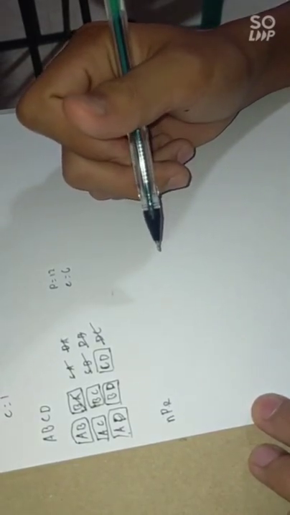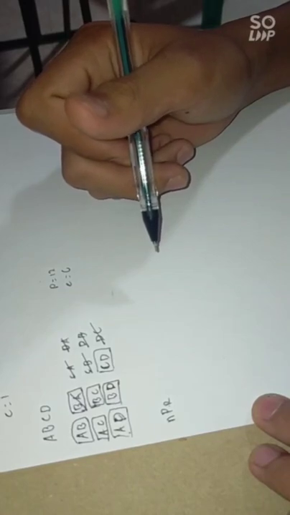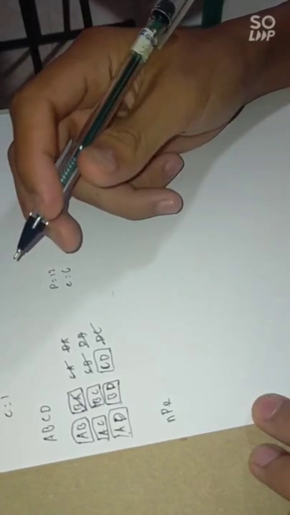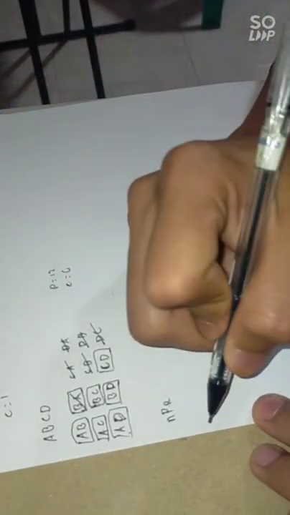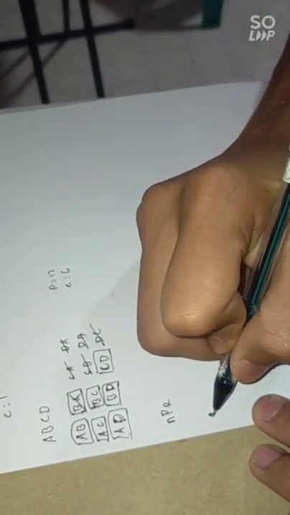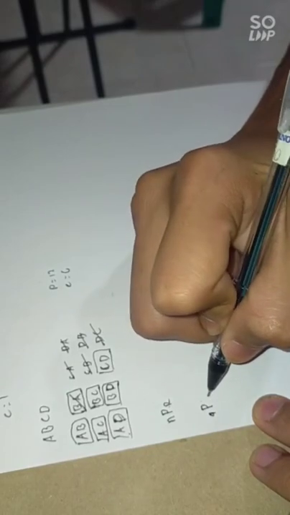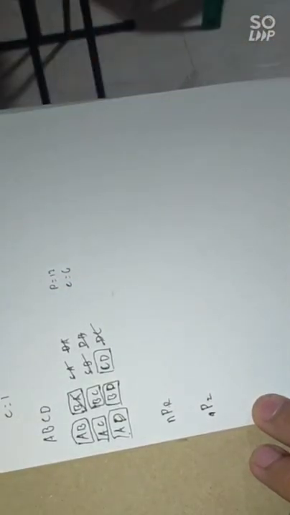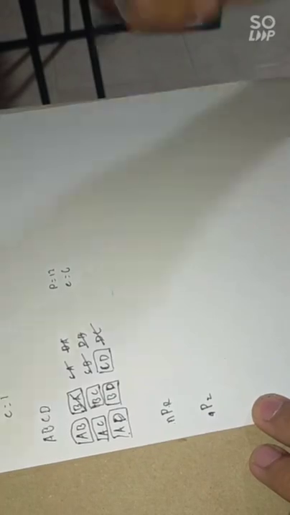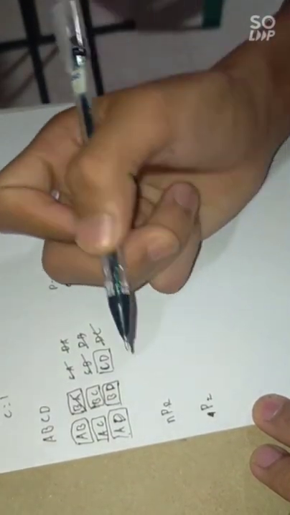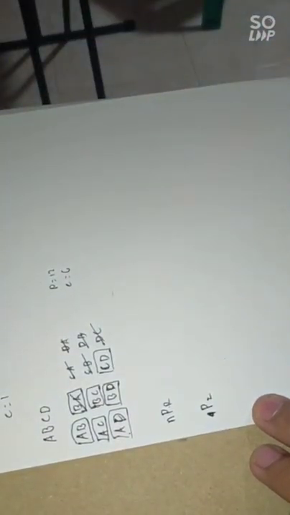Now we have 4 letters of which 2 are used, so it's going to be 4P2, which is 2 out of a group of 4.